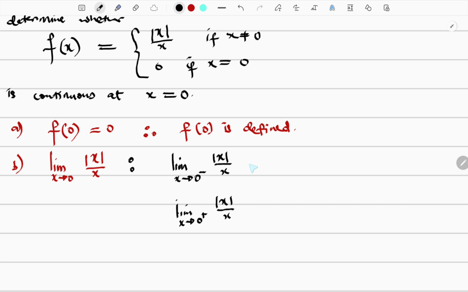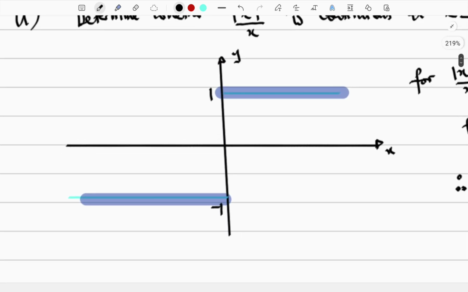For the first case, this is simply the limit as x approaches 0 from the negative of minus x over x, since from the definition of the modulus, if we are on the negative side of 0, it's not like we are putting a negative value.